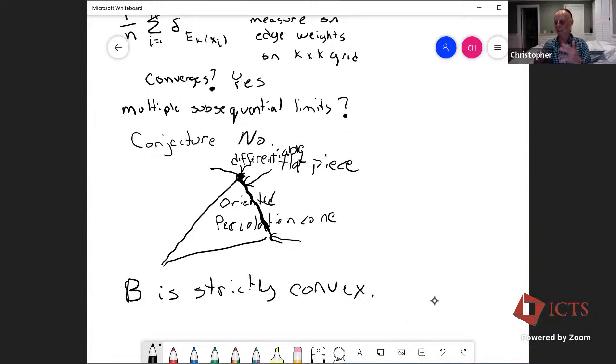And there are certain circumstances where I can make this hand wavy argument rigorous. But it would be nice to just have a general statement that says if you had this flat piece, then the geodesic must go back and forth between the two edges of the cone.